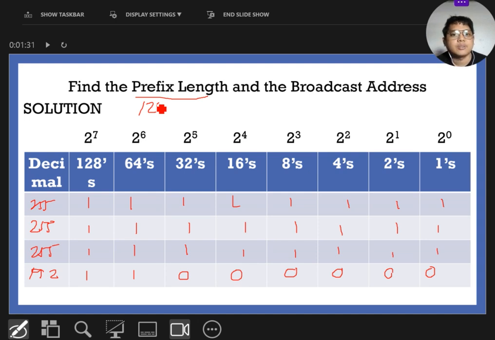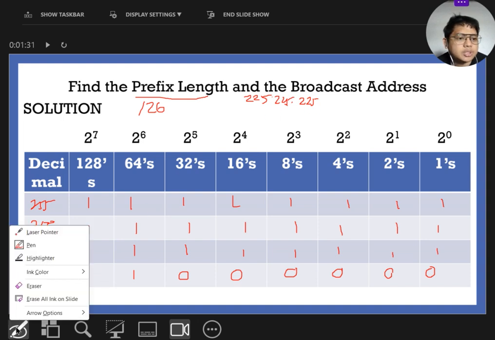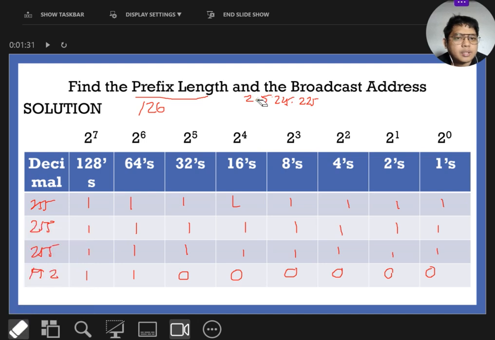So next is the broadcast address. The same process. Our maximum subnet mask host option is 255.255.255.